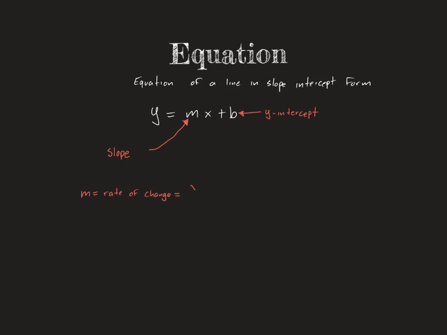I apologize, it's supposed to be y2, and be careful because the 2 is a subscript. It's underneath, not above. So we're going to write it at the bottom, and that's going to be divided by x2 minus x1.